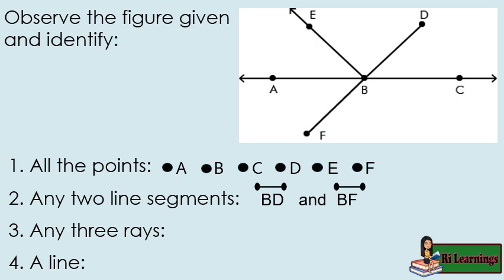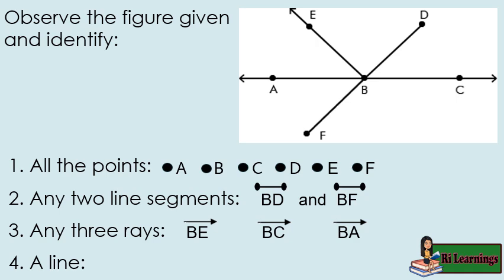The points B, D are joined by a straight line so that you get a line segment BD. The points B, F are joined by a straight line so that you get a line segment BF. The 2 points B, E joined by a straight line segment which is extended at one side forms a ray BE.